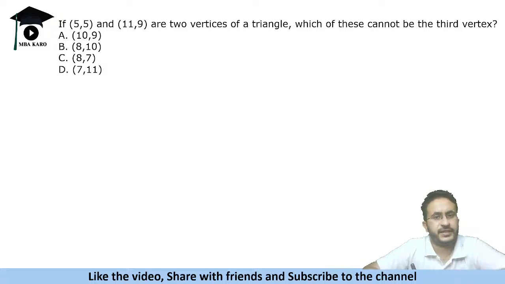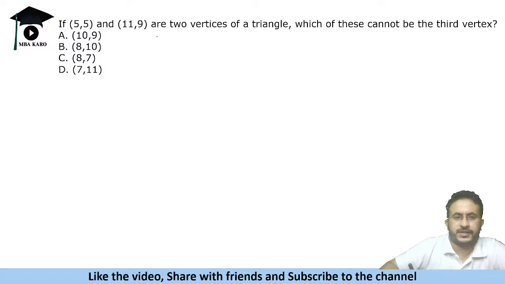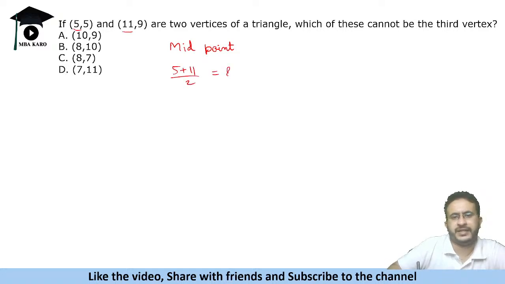Now these are two vertices. Maybe you try to find all the values, or just look at the options. What is the midpoint of these? For the midpoint, take the average of the x coordinates: 5 plus 11 by 2, that is 8, and the average of the y coordinates, 5 plus 9 by 2, it is 7.